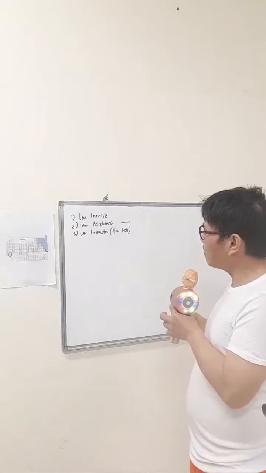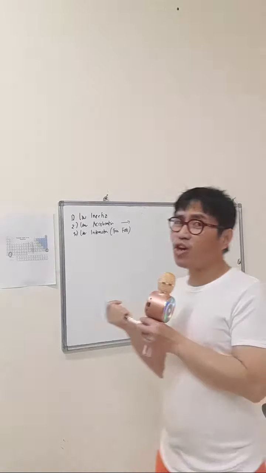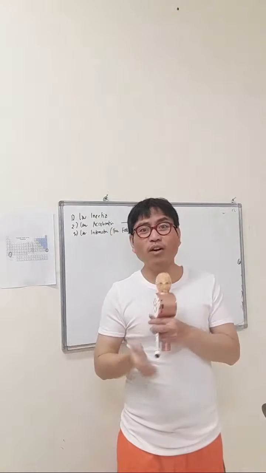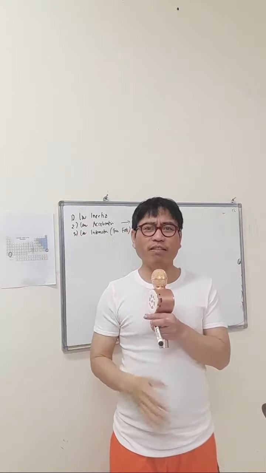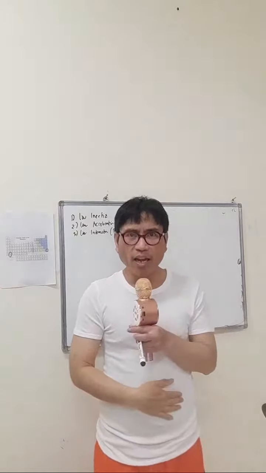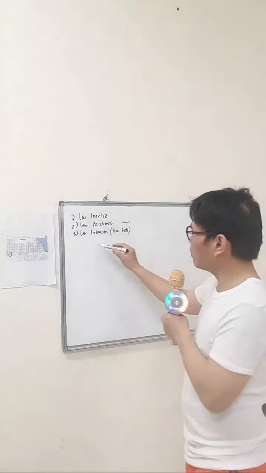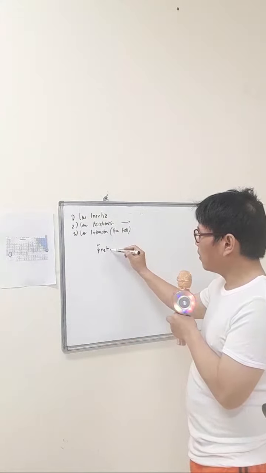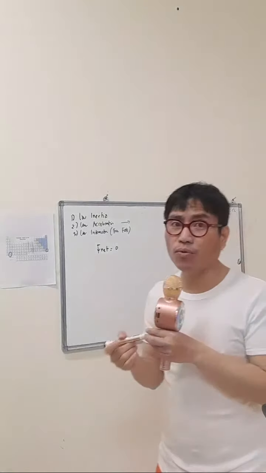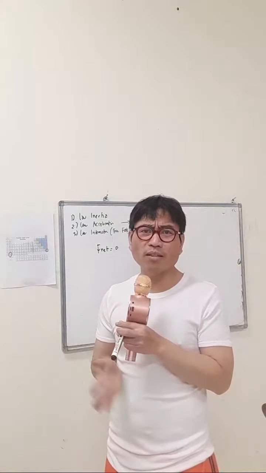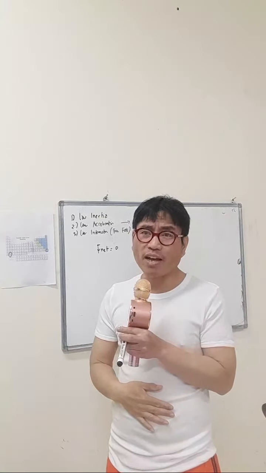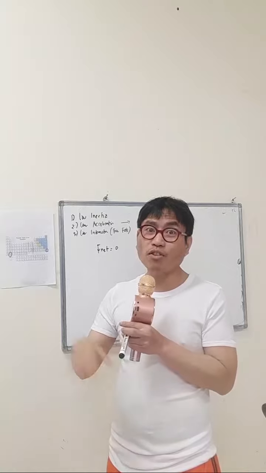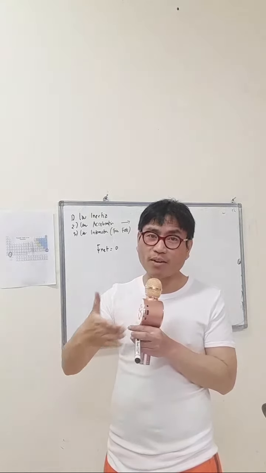An object in motion will remain in motion unless acted on by a net force. For example, if my net force is 0, your car or your object will not move. Meaning you have equal and opposite magnitudes, one positive and one negative.